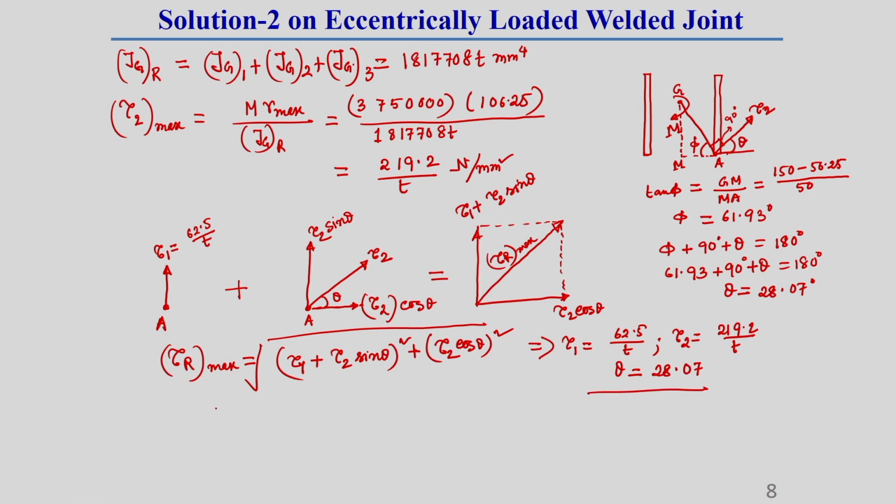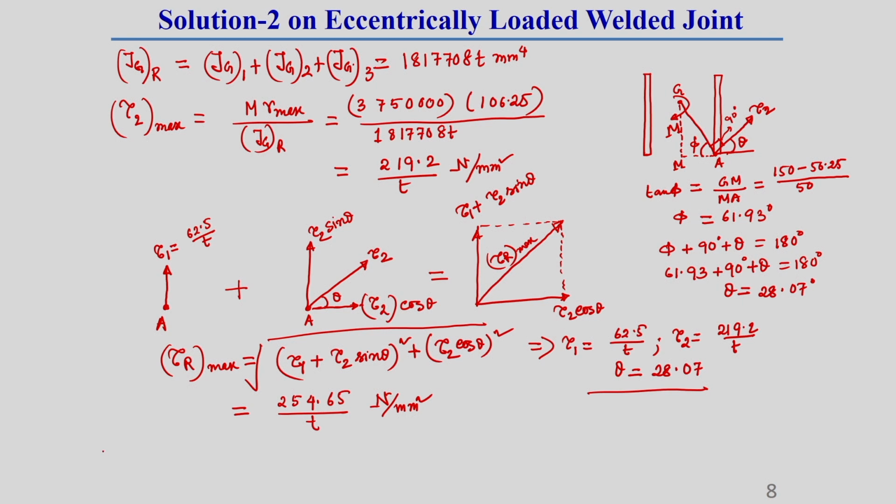By putting all these calculated values, the resultant tau max we are getting as 254.65 divided by t. Its unit is Newton per mm square. Now this resultant shear stress should not exceed the permissible shear stress. By this concept we can find out the dimension of this weld.